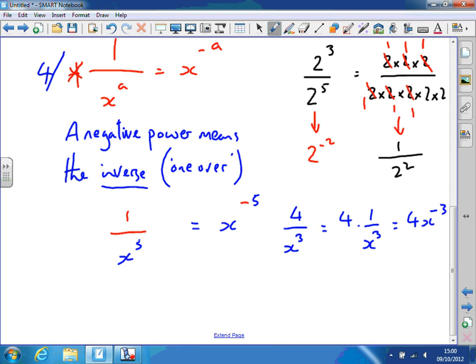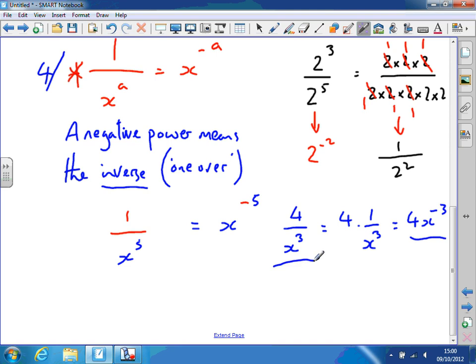Okay? Now, I'm emphasizing this because, as some of you know who have been doing some maths with me, and maybe you all know, when it comes to doing calculus, to be able to differentiate or integrate things like this, it needs to be written in the power form like this and not like that.